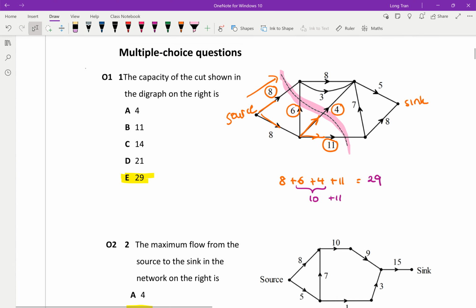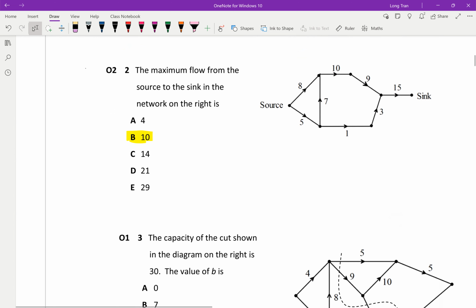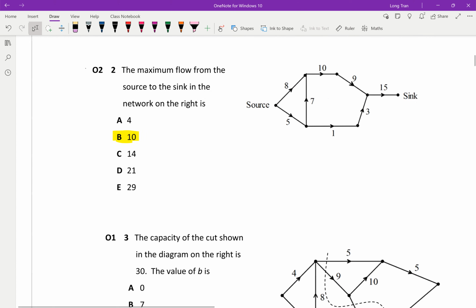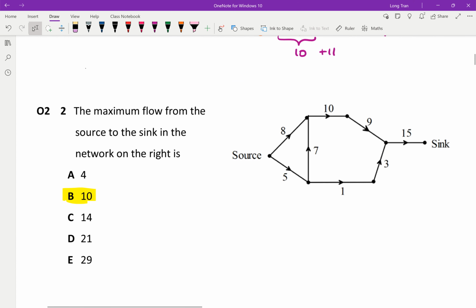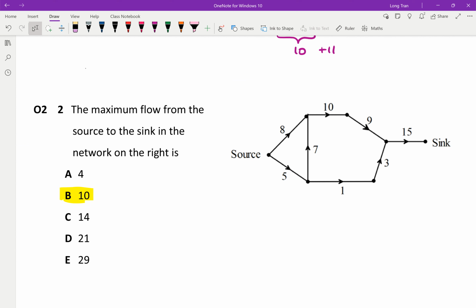Okay, next one. Let's see, the maximum flow from the source to the sink in the network on the right is, and we've chosen 10. And again, how do you find the max flow? It's through minimum cut. Remember when you do a cut, the aim is just to separate the source from the sink. So you can do any kind of cut.